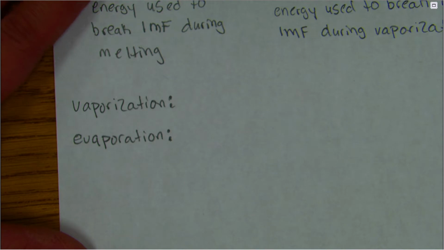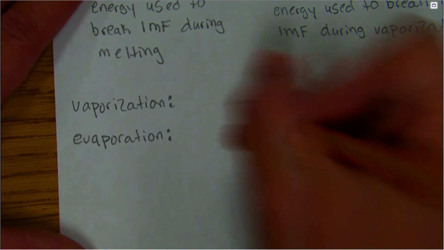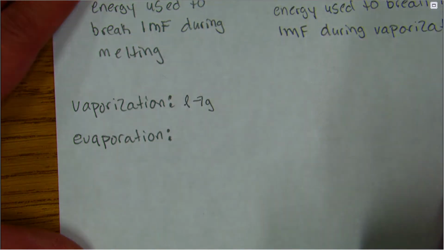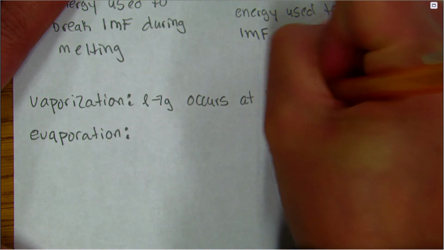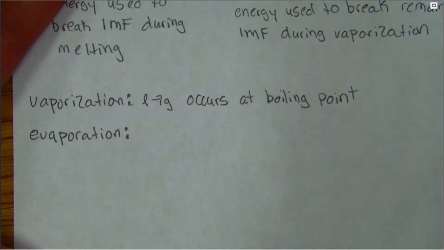Vaporization is not evaporation. They both go from a liquid to a gas, but what is the difference? Vaporization is a liquid to a gas, but it occurs at the boiling point, which for water is 100 degrees Celsius.